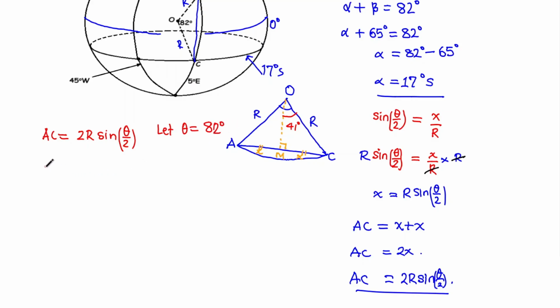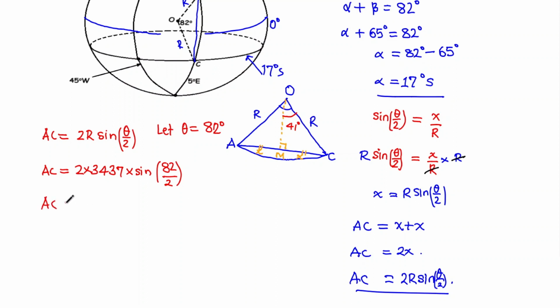So making the substitution to get our shortest distance, we have 2 times the value for R in nautical miles, 3437, times sine of 82 over 2. You can even go ahead and write this exactly here.